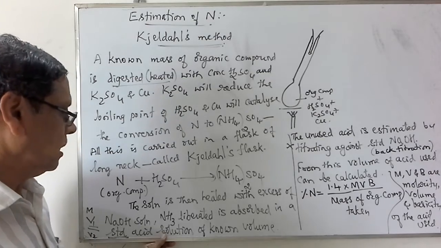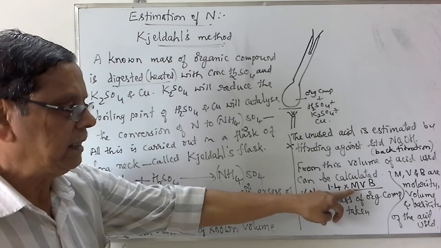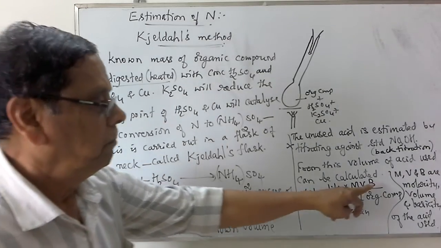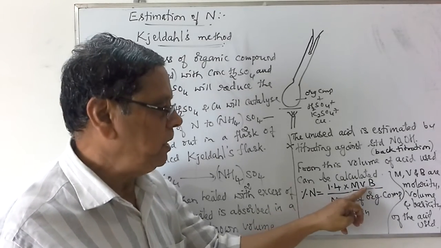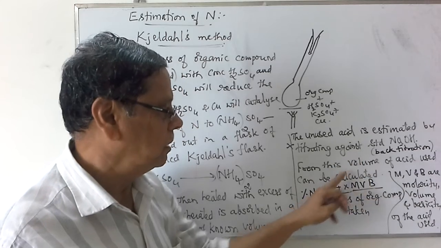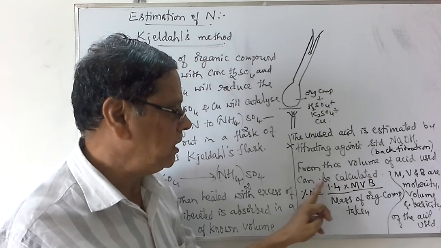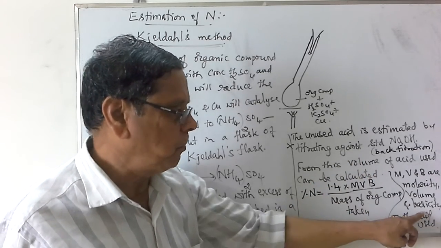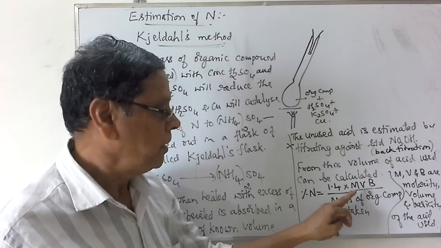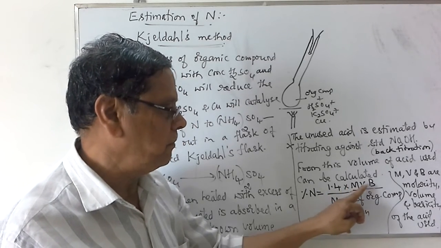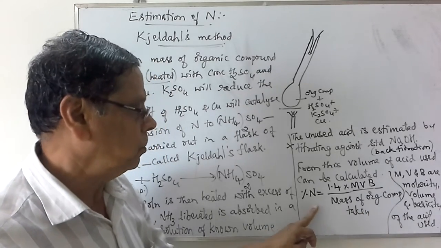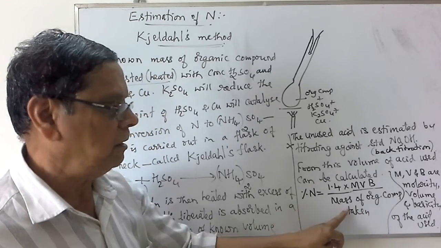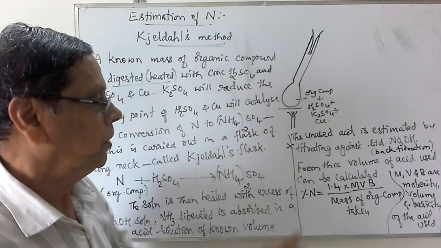If you are using sulfuric acid, then you have to determine the molarity, and basicity will be 2. Then V is the volume of the acid that is used. I told you, the volume of acid used can be calculated, and we use this volume in this equation: 1.4 into MVB divided by mass of organic compound. This will give the percentage of nitrogen present in the organic compound.